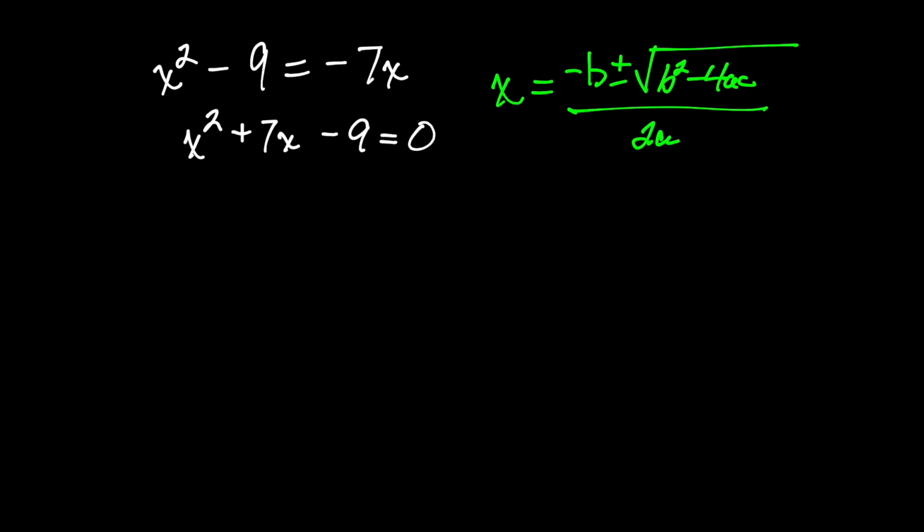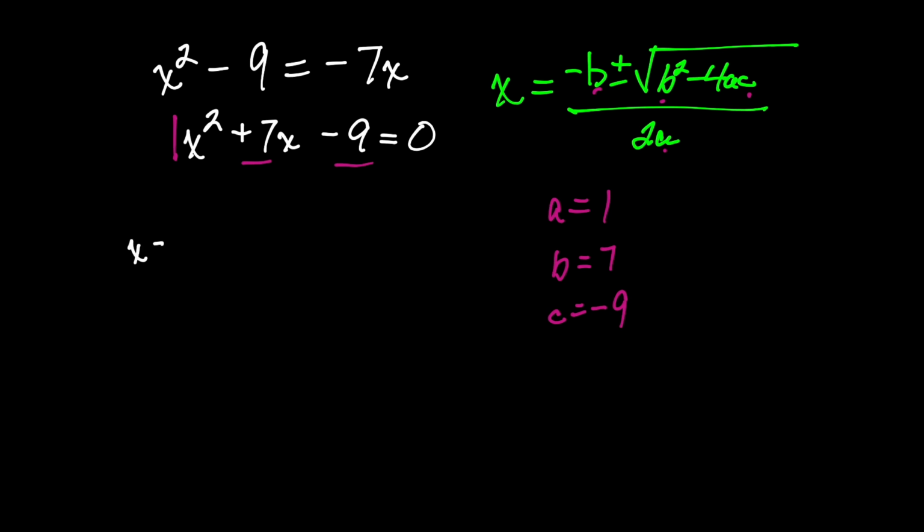Well, a is 1, so that's what we'll be substituting in for a. B, well, that is a 7, so that will be getting substituted in the formula where it has a b. And c, our constant, is a negative 9. So wherever I have a c, I'm going to put the negative 9. So let's go ahead and do that.